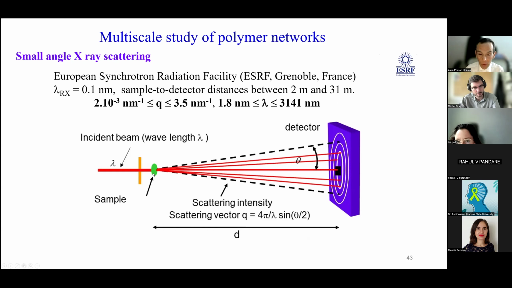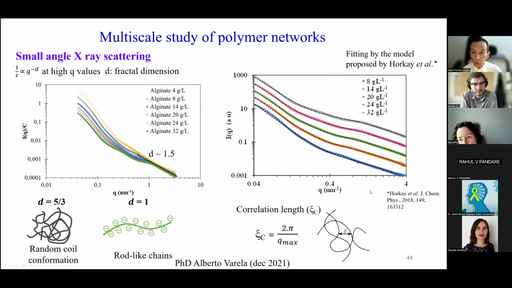Typically you have the sample, you irradiate it, and you record the intensity scattered by the sample. Let me show you some examples and what kind of information you can extract. Here you have the intensity normalized by concentration as a function of the wave vector.